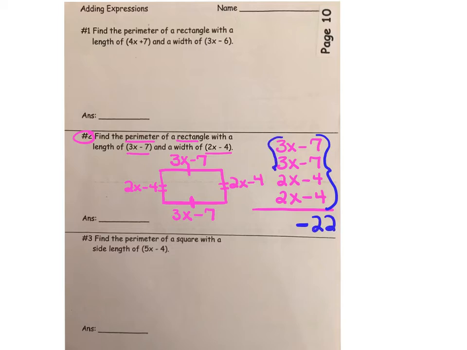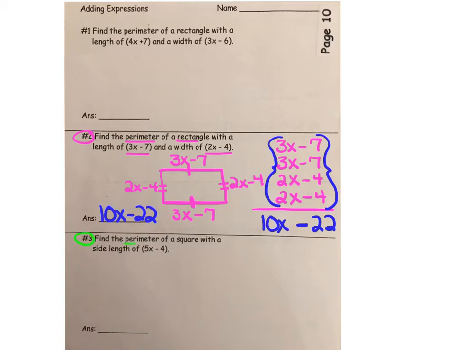And when you bring together all your x's, you should have gotten 10x. We represent the perimeter with this binomial expression. Let's move on to problem number 3.